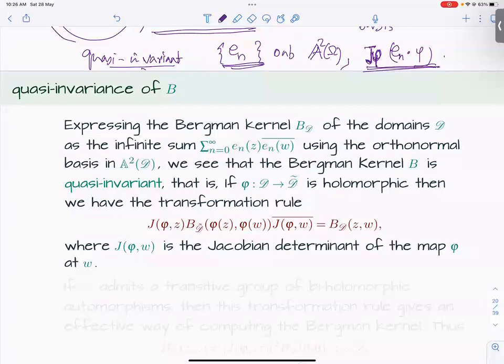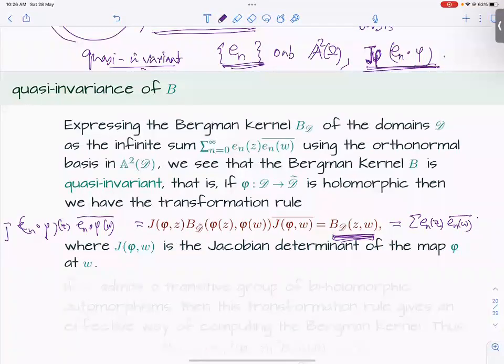If I do that, then the kernel of the domain D is just the sum En(z) En(w) bar, whereas this is the sum En composite phi (z) En composite phi (w) bar, but I have a Jacobian to multiply: J phi (z) and J phi (w) bar.